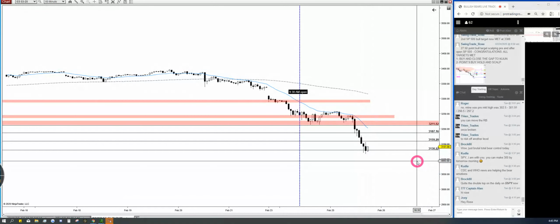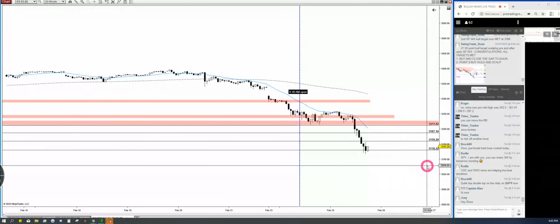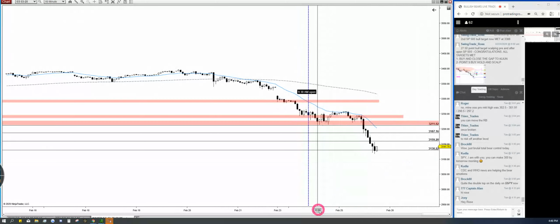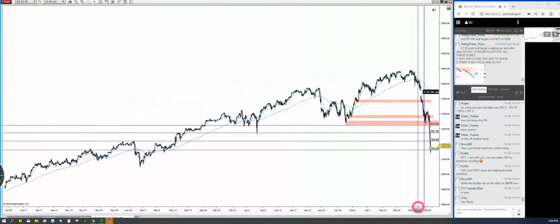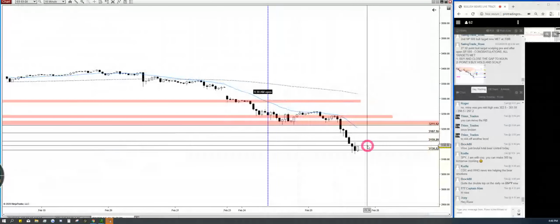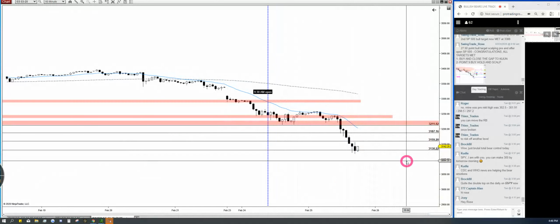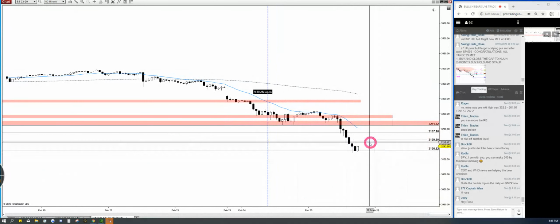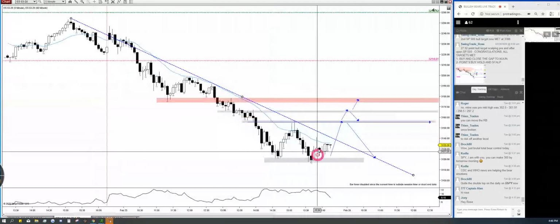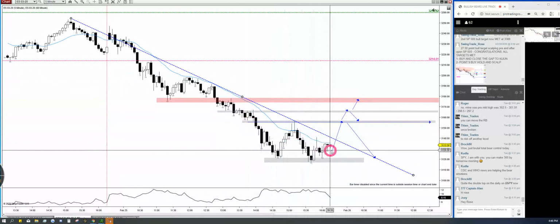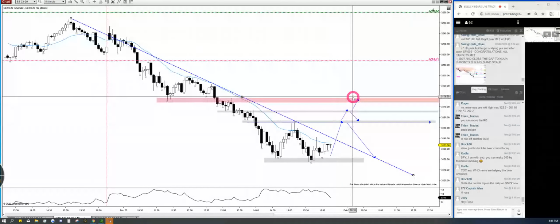Would I want to buy this? Not really. I would not buy this. It's a beautiful inside bar, but just look how the day closed. Yes, it looks like a W, so possibly going up, but we don't know.